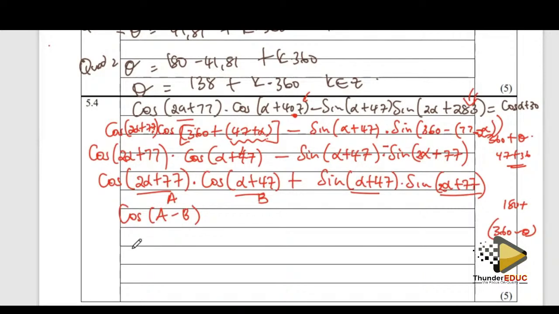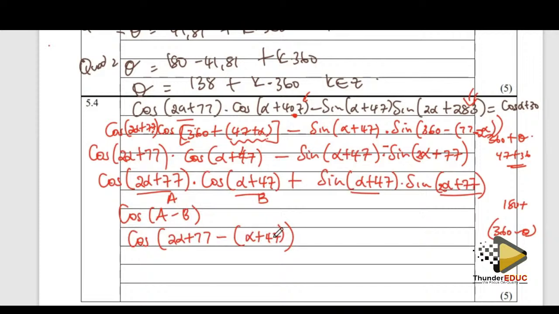So cos((2α + 77) minus (α + 47)), because when you open these compound angles you end up with that.